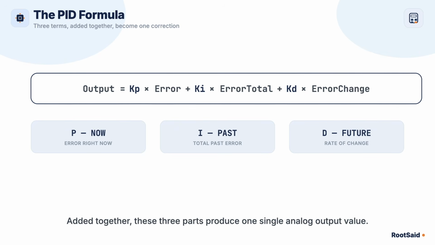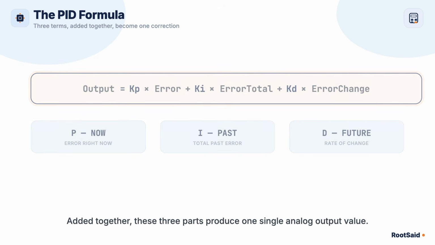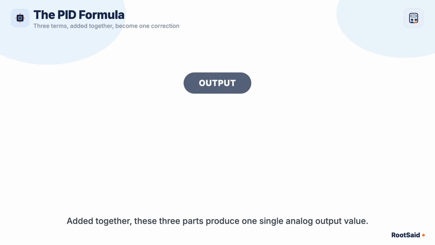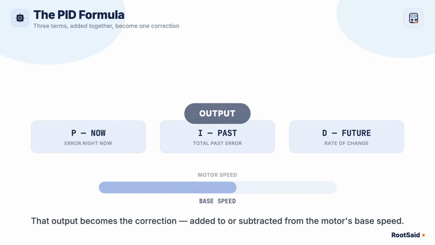The first part uses the error right now, and that is P. The second part uses the total of all past errors, and the third part uses how fast the error is changing, and that will be D. But don't worry guys, I know it's a little bit confusing, but let me explain to you in a simple way. Once we figure out this analog value, that value can be applied as correction. For example, the speed of the motor now will be a base speed plus or minus this correction value.